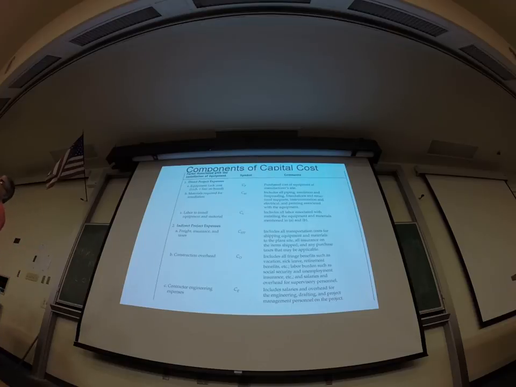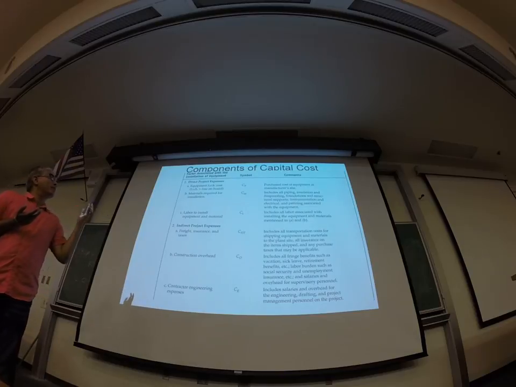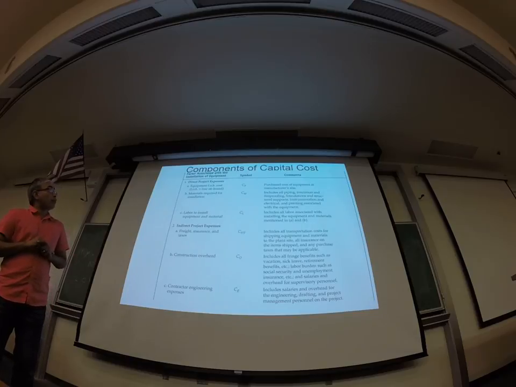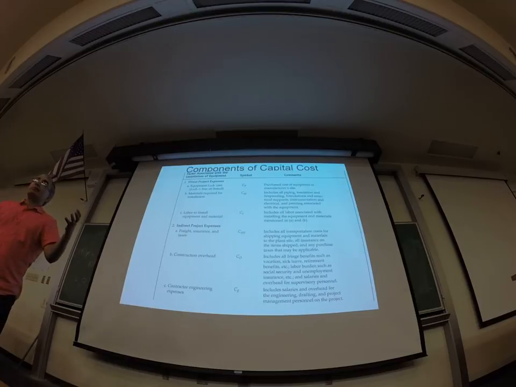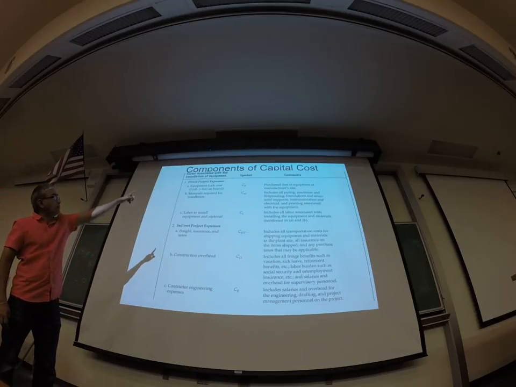Material cost will typically be proportional to the cost of the equipment. The labor cost will be proportional to the cost of equipment, but also to the cost of materials, because somebody has to use that material. So labor cost will be proportional to the sum of CP and CM.